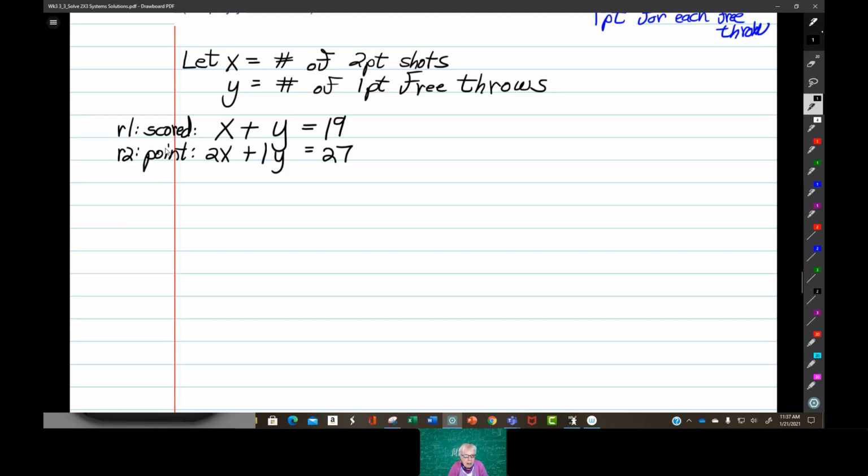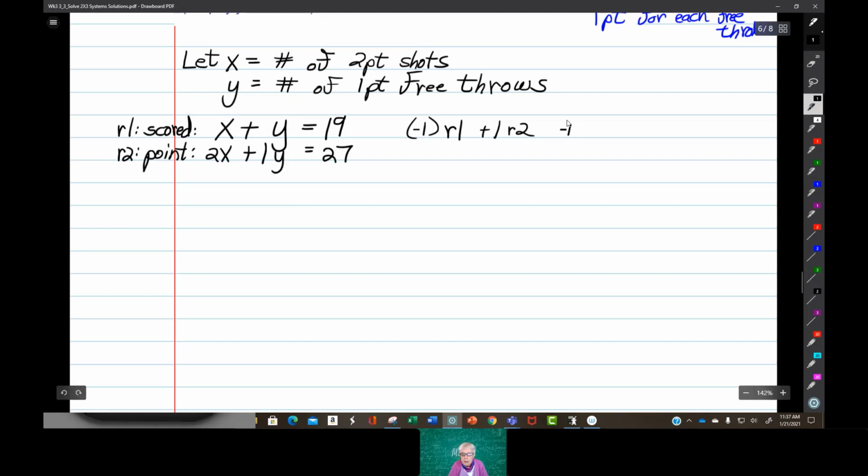I think the easiest way is to multiply -1 times row 1 and then +1 times row 2.